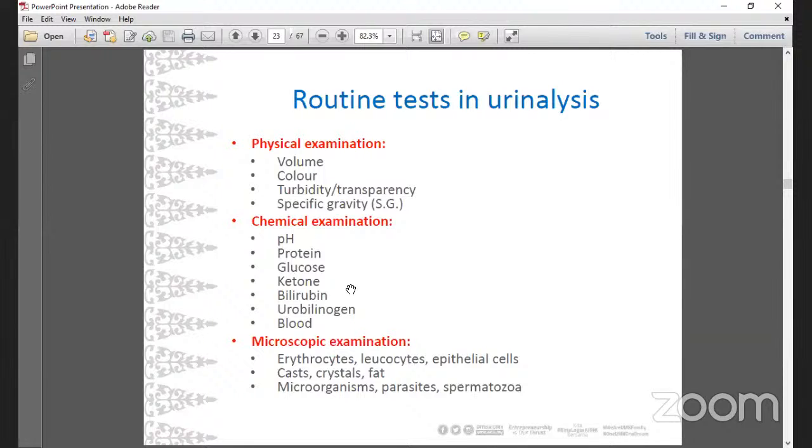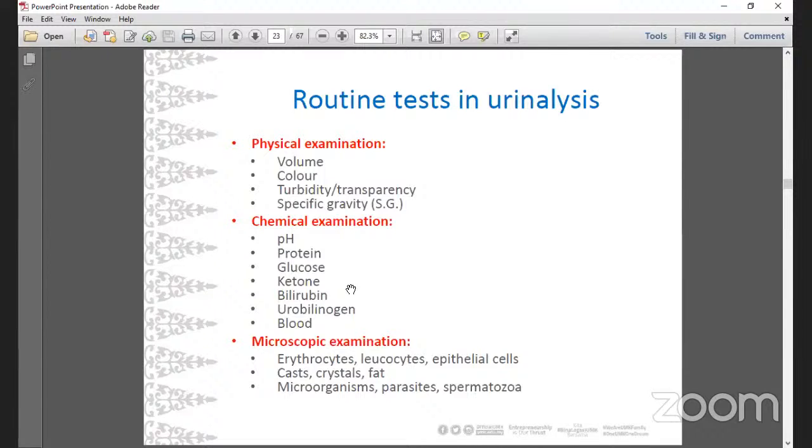So when we talk about physical examination, that means looking at the urine. From the volume of the urine, and then the color of the urine, either the normal color, or a bright red, red brown, or dark red color, and then we can check the turbidity, either high turbidity or low turbidity.